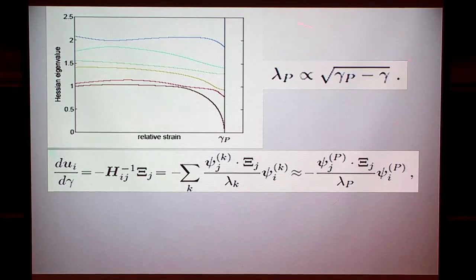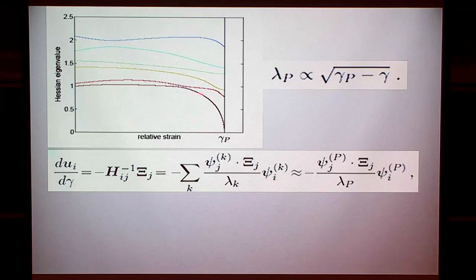Now if this is happening, and it will happen at one point or another, then, as long as it doesn't happen, say I'm here, I can expand the vector psi in the eigenfunctions of H. So this is the expansion. Now the eigenvalues of H appear in the denominator because it's Hij to the minus 1. So this is an exact statement.